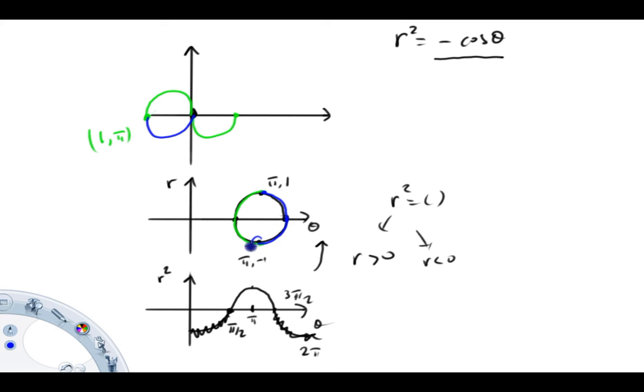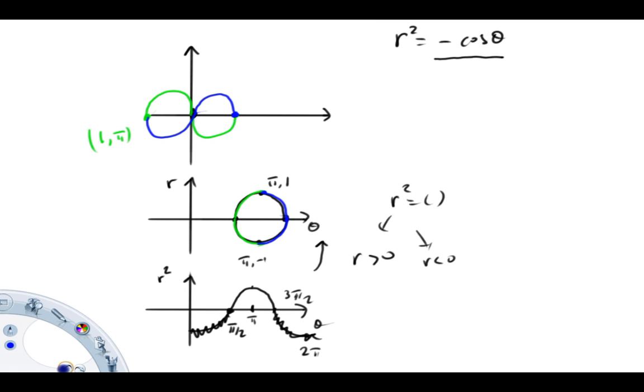So this point right there is this point on the graph. Right, again, (-1, pi), so angle of pi, and then -1 would put us over here. And then the radius going to 0. So over here what that's doing is something like this. And again, you notice the radius getting smaller and smaller and smaller, going to 0.